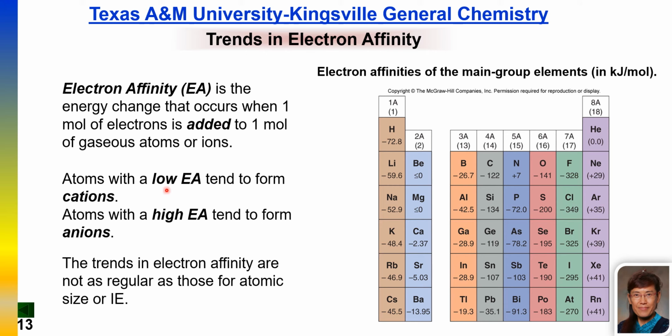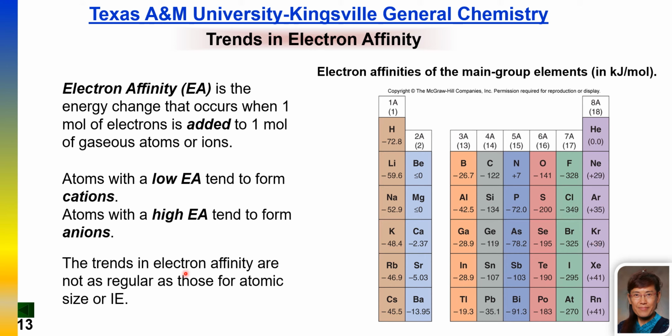The atoms with low electron affinity, such as those metals, tend to form cations. The atoms with high electron affinity have a potential to form anions, meaning they gain electrons, such as your nonmetals, except your noble gases.